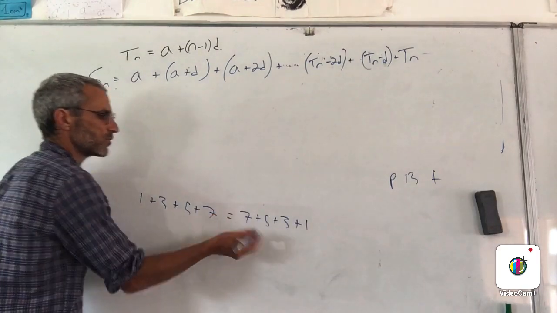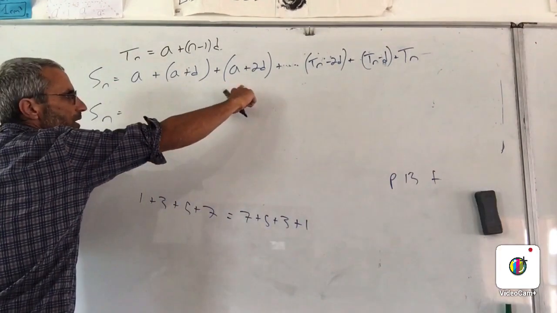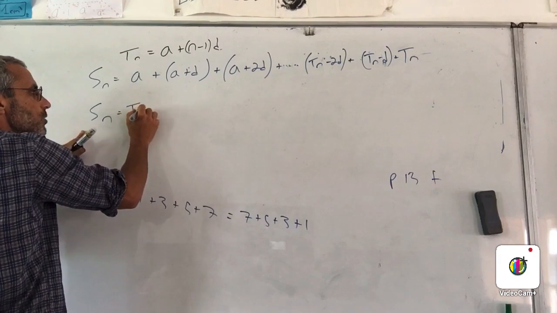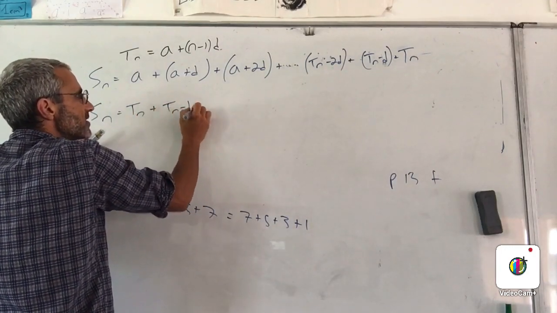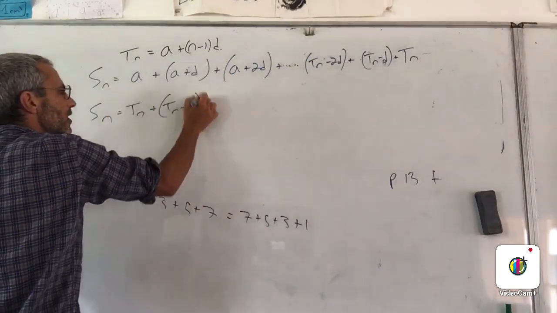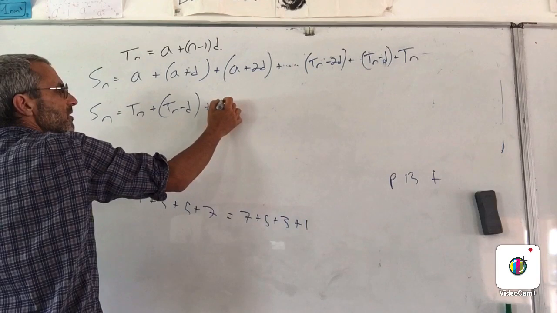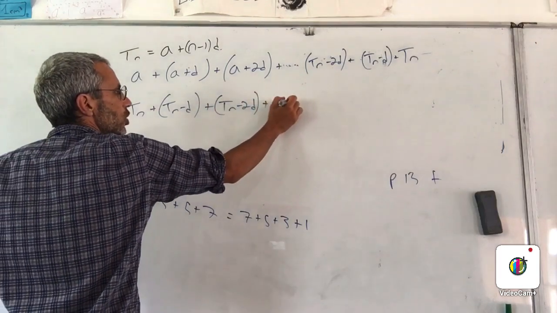Because it's all a sum, so we can move it around. So I'm going to write S. If this is true, then I can also say that this is equal to Tn plus Tn minus D. Tn minus D. What am I going to write next? Tn minus 2D. Tn minus 2D plus dot dot dot.